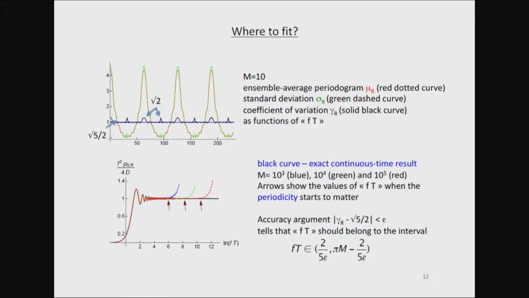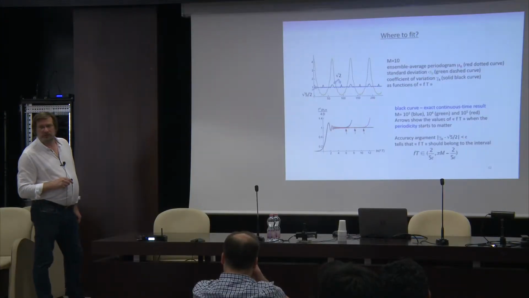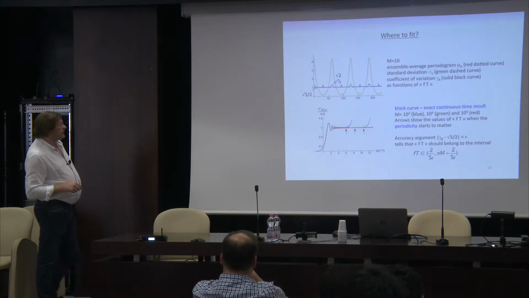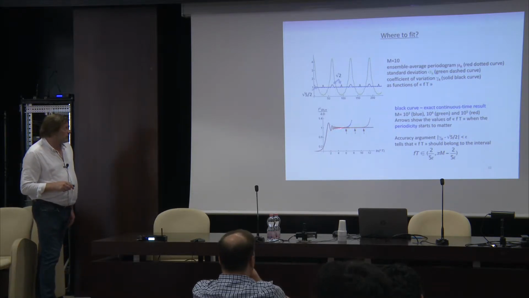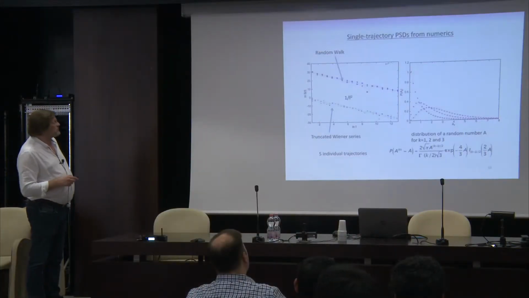We see that we cannot go here because this is already a spurious behavior, which is just because we deal with a finite data set, but not a continuum. So we should fit somewhere here for the blue case, somewhere here for the green case, somewhere here for the red case.